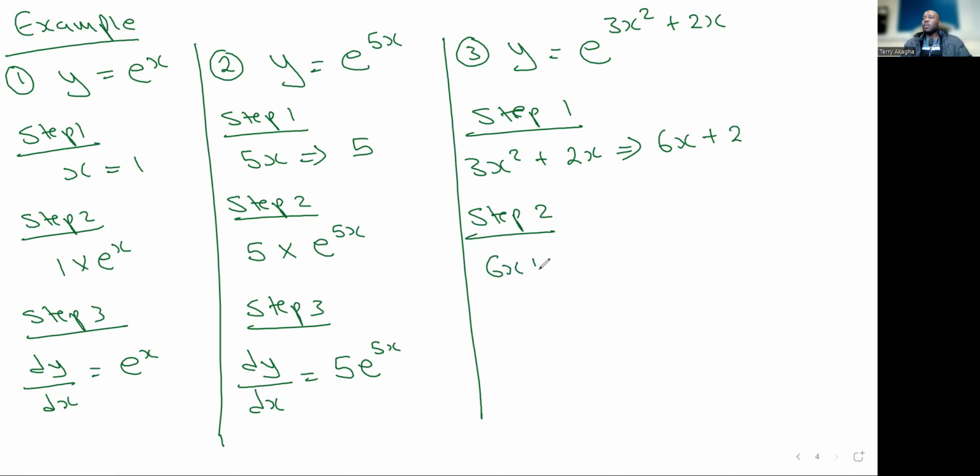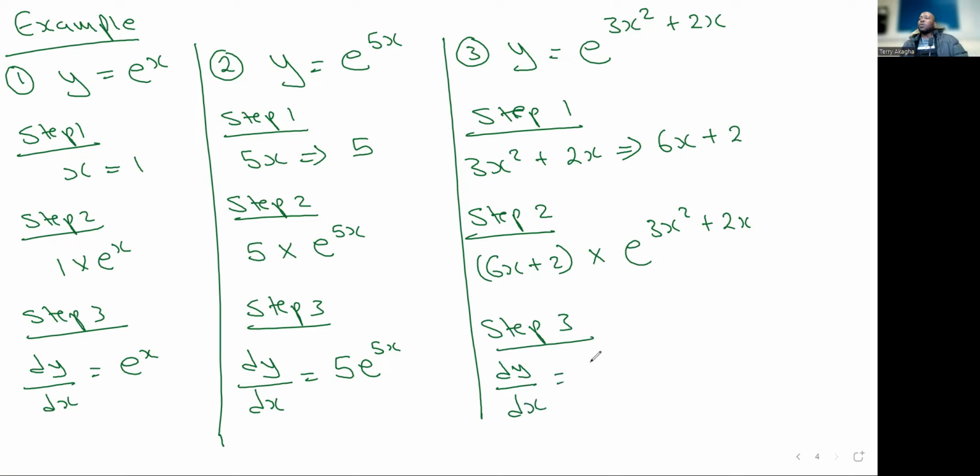So it's going to be 6x plus 2. All this is multiplying the exponential of what? 3x squared plus 2x. And then step 3, the answer we're going to get, the dy over dx, will now be equal to the 6x plus 2, all multiplied by exponent 3x squared plus 2x. Easy. All right.